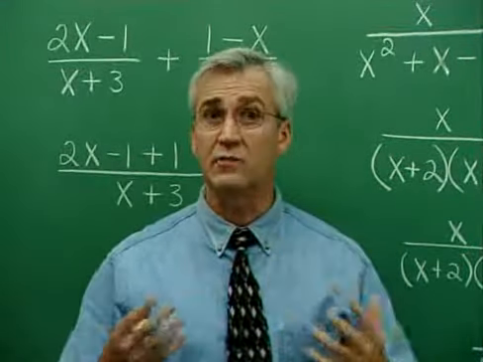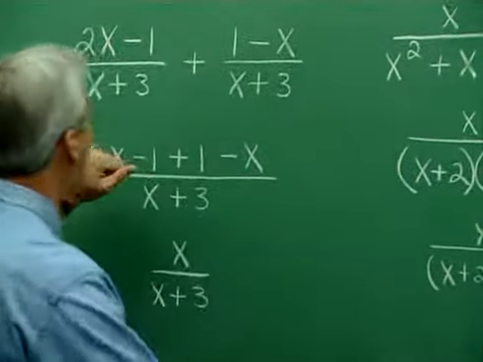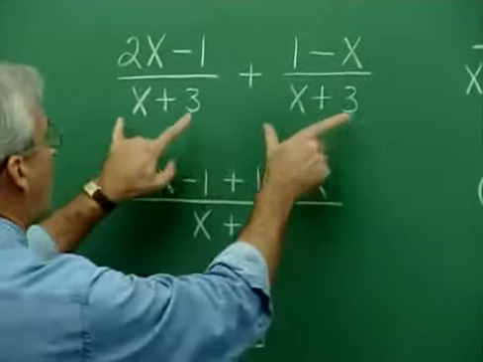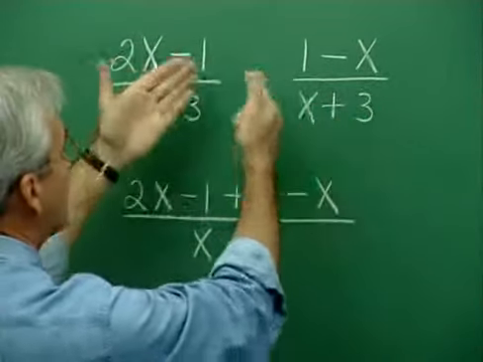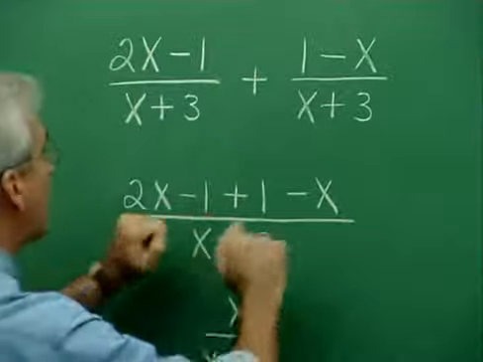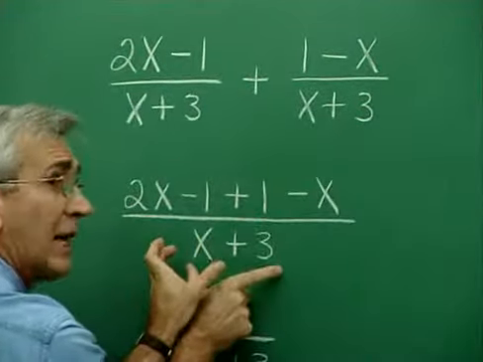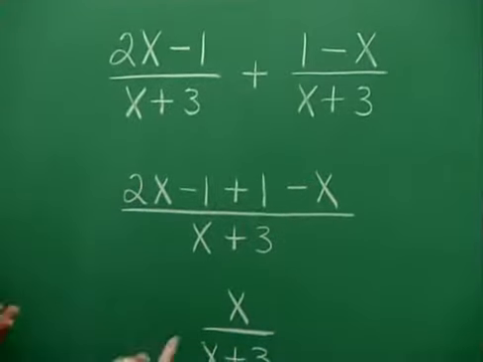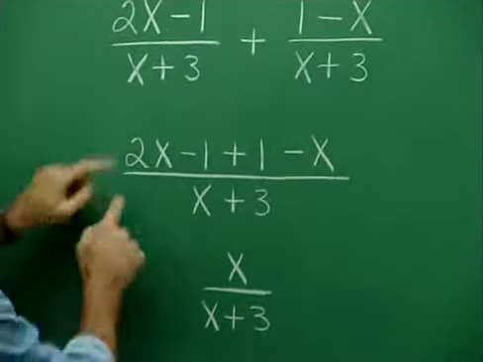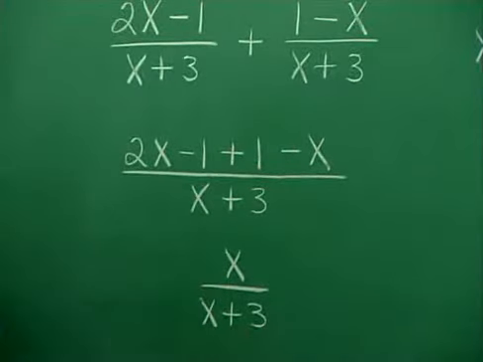That is, we have a lot to keep track of, and organization will play a big role here. Here we're adding a couple of algebraic fractions. We already have the common denominator, so we simply add the numerators, and as we would expect, we just bring down this numerator and show the addition of this one. And we have our common denominator under that big numerator. Now it's just a matter of collecting like terms. 2x minus x is x, and the ones go out, so we have x over x plus 3.